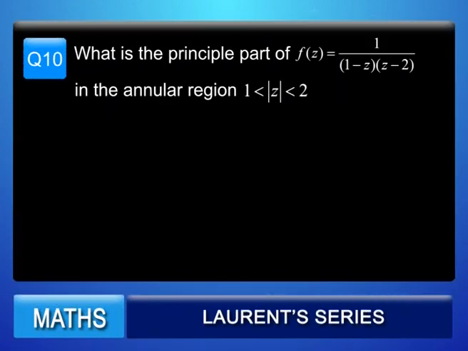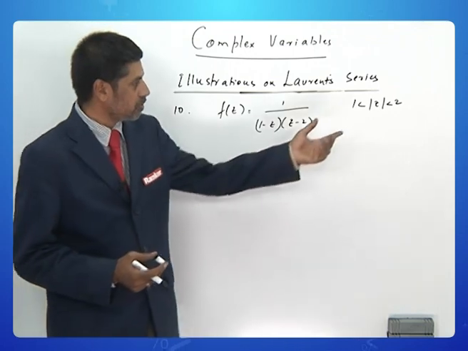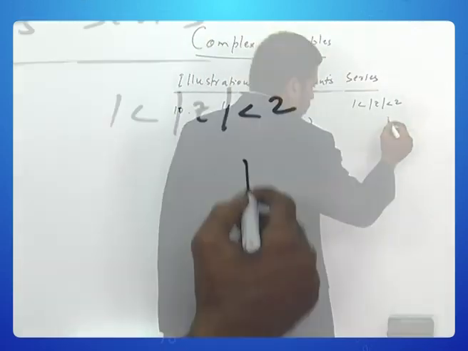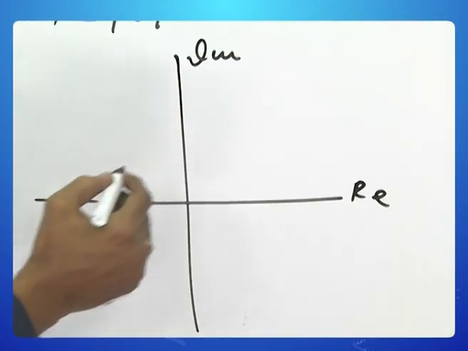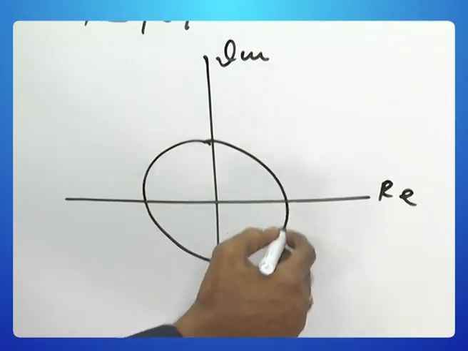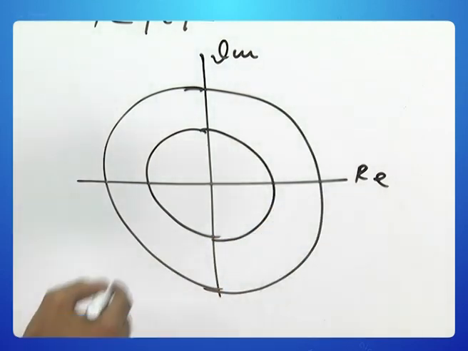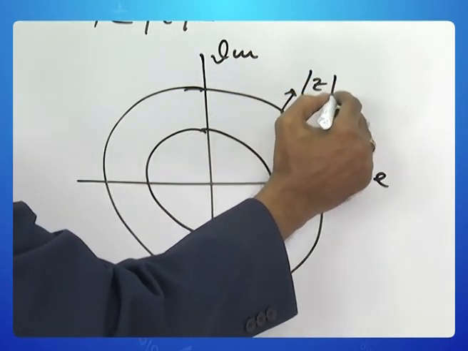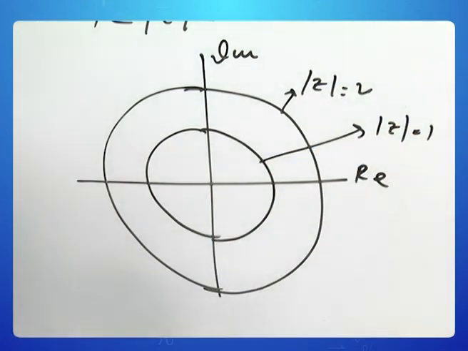Question number 10. What is the principal part of f of z is equal to 1 by (1 minus z) into (z minus 2) in the annular region 1 less than mod z less than 2? Now, first we have to look at the region. This region in the complex plane consists of two concentric circles, mod z is equal to 2 and mod z is equal to 1.